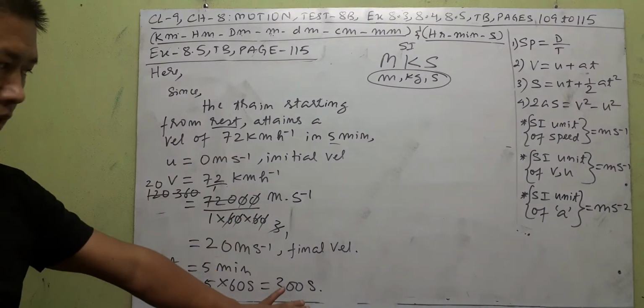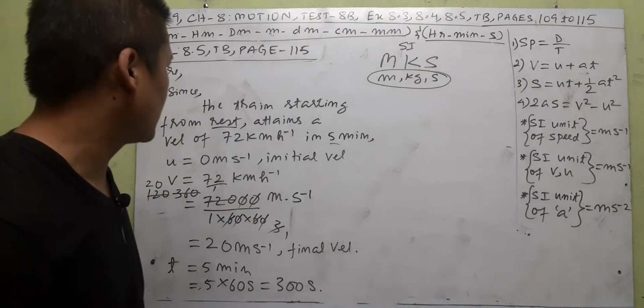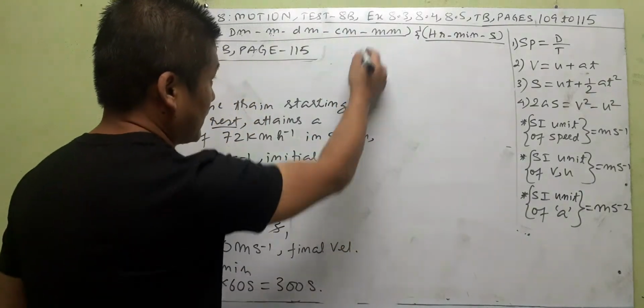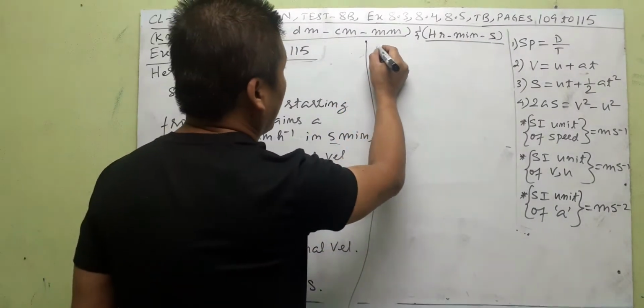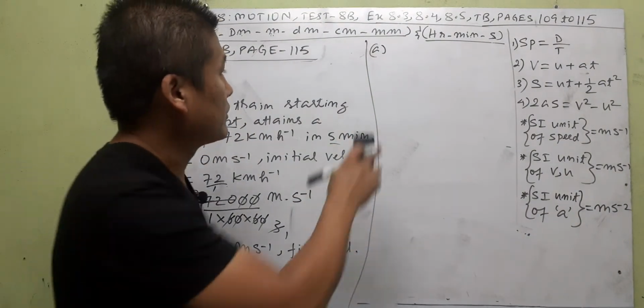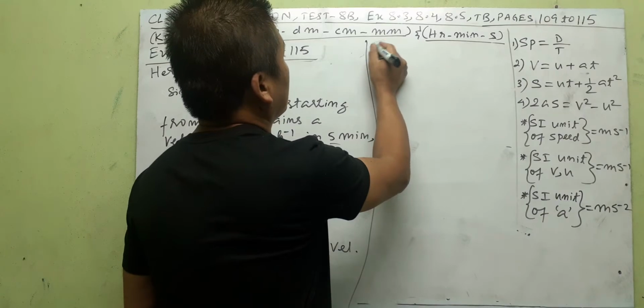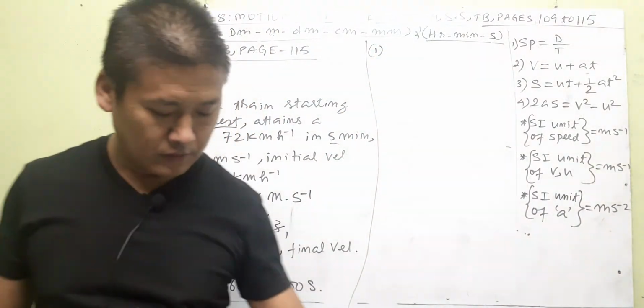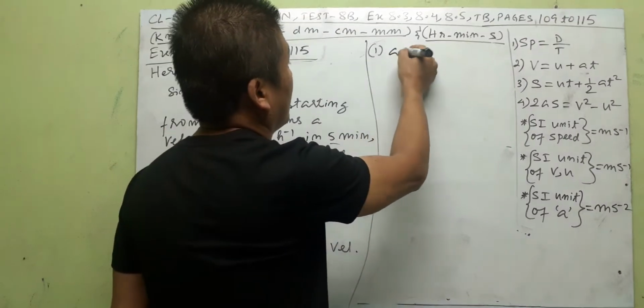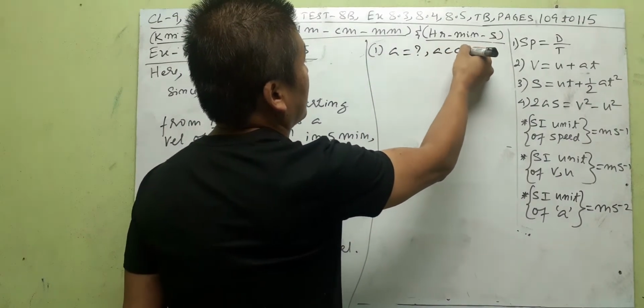Now everything is in SI units, so we can find out what the question is asking us. Let us go back to the question. I think they are using subheading 1. Look there in your question: find the acceleration. So that means A, question mark, the acceleration you have to find out.